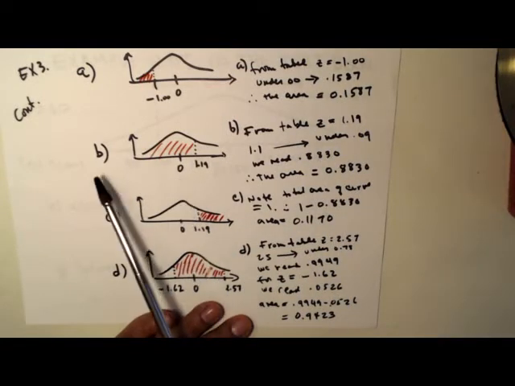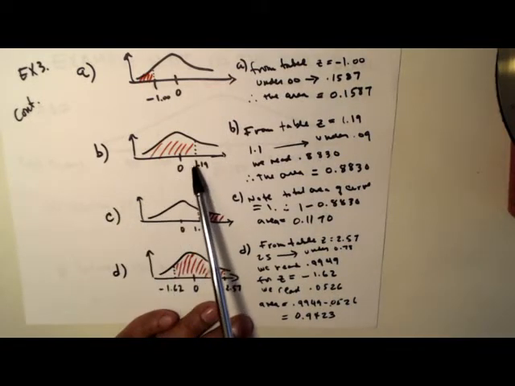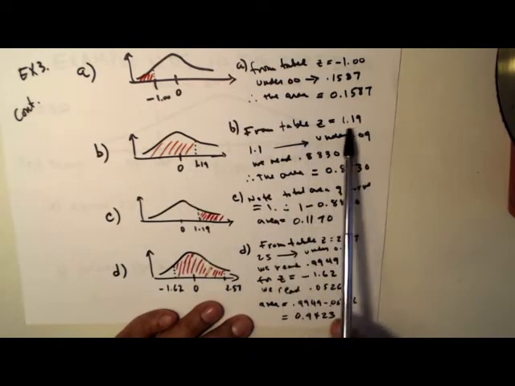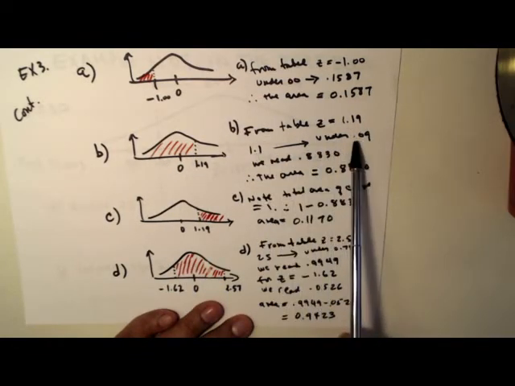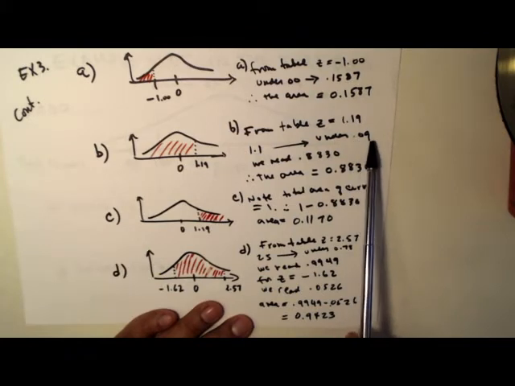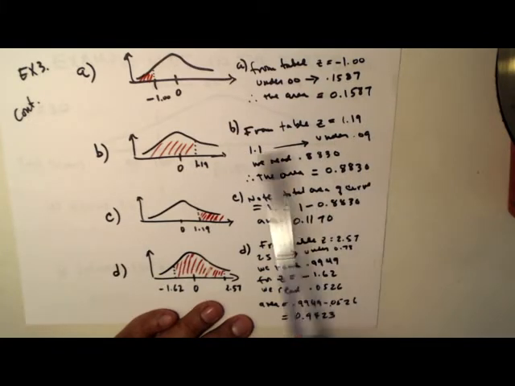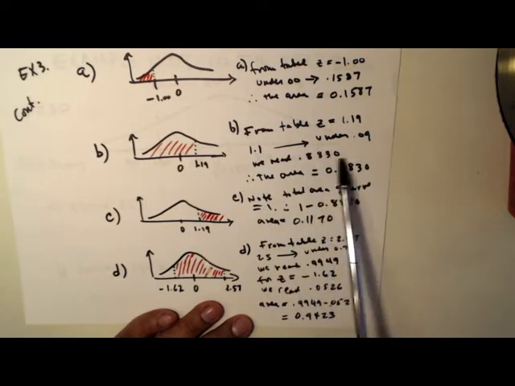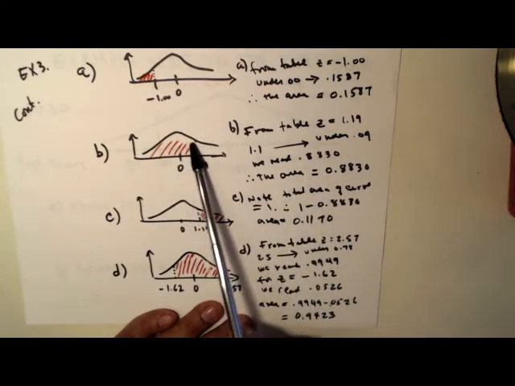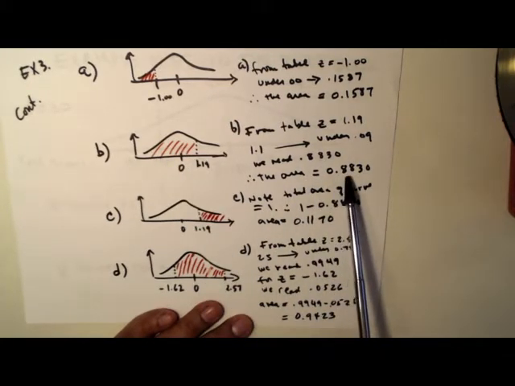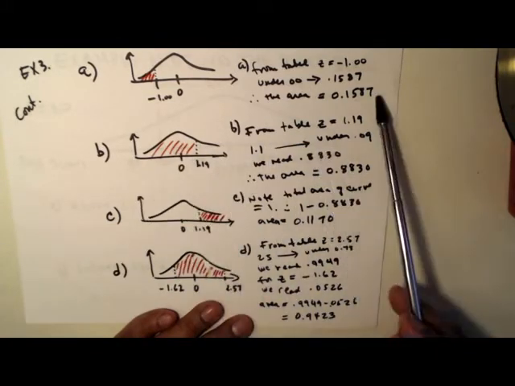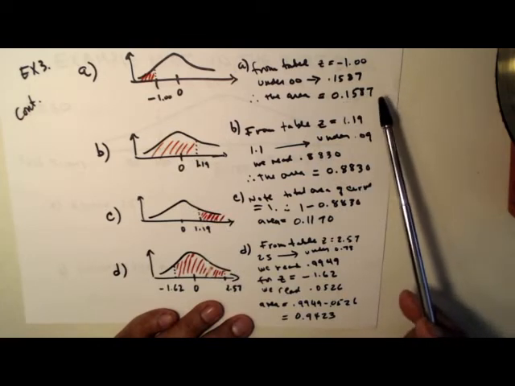B is the area to the left of 1.19, which would be all this shaded area here, and that is equal to 1.1 under 0.09, right? So you add 0.09 to 1.1, and we read 0.8830. Therefore, the area here will be equal to 0.8830. This is just in fractions. If you were to multiply it times 100, it would be a percentage.